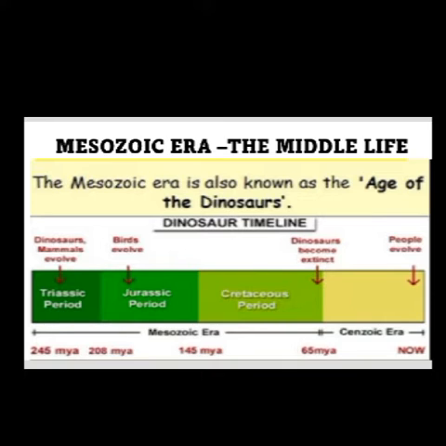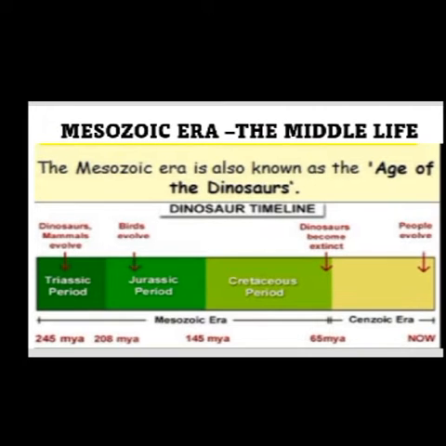The Mesozoic era lasted for approximately 186 million years. The entirety of the Mesozoic era began approximately 252 million years ago and ended approximately 66 million years ago in Earth's geological history.